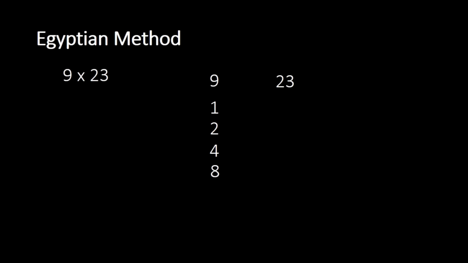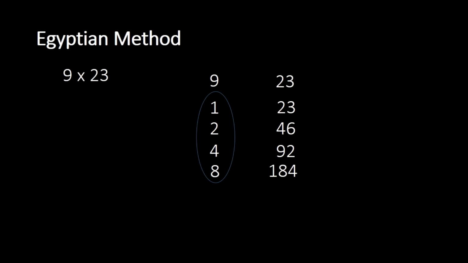Okay? So under the column of 23, we'll first write 23 down. Then we double that again. 46, 92, and 184. Now, pay attention to the left-hand column. Okay? 1, 2, 4, and 8. Among these numbers, what are the only numbers that we need to get the number 9?